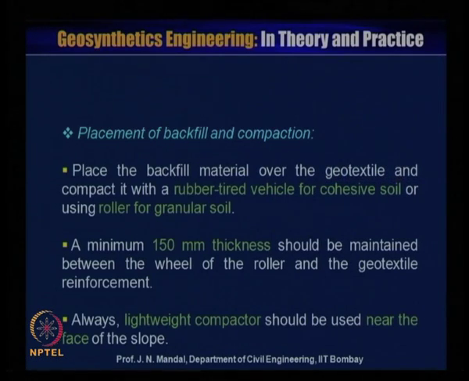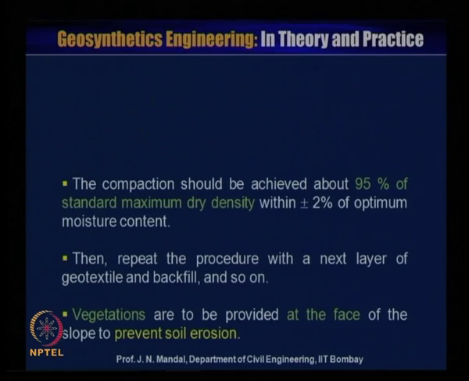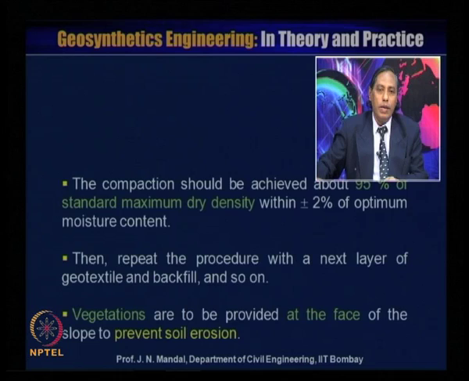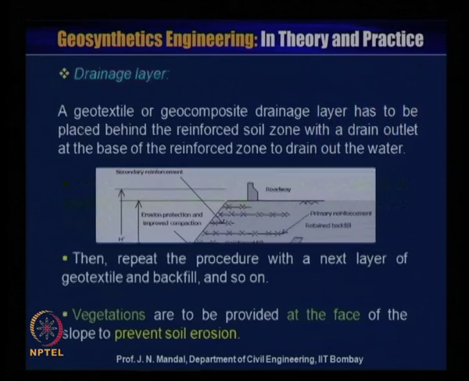The compaction should achieve about 95% of the standard maximum dry density within plus or minus 2% of optimum moisture content. Then repeat the procedure with the next layer of geotextile and backfill and so on. And vegetation is to be provided at the face of the slope to prevent soil erosion.